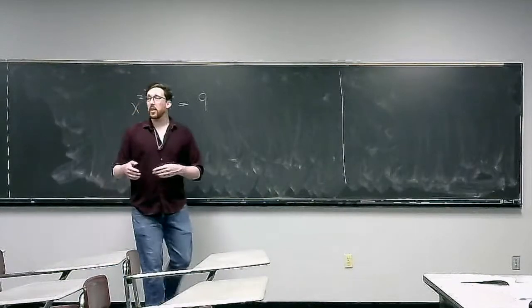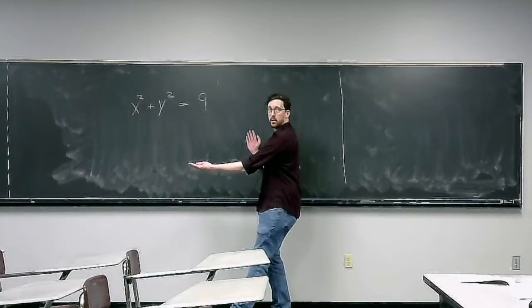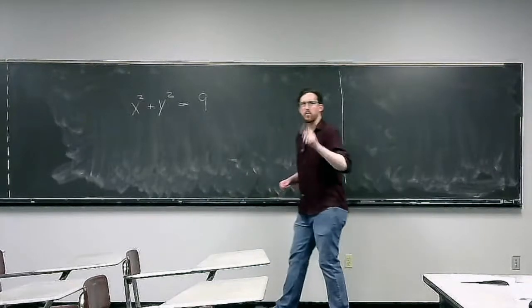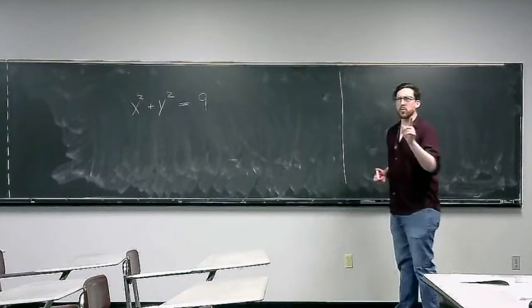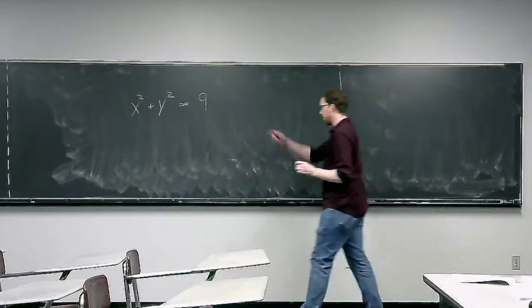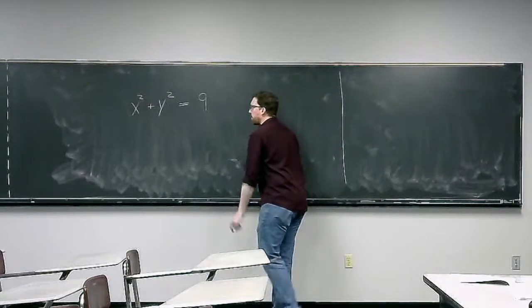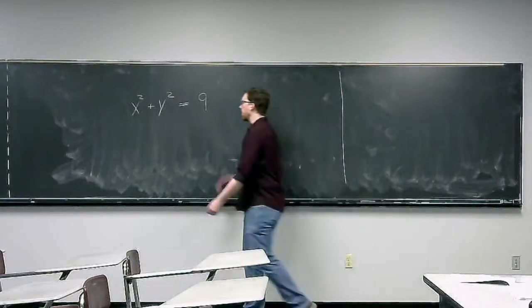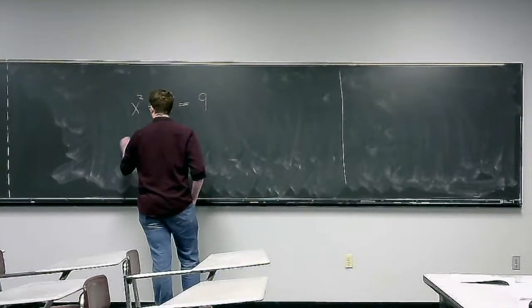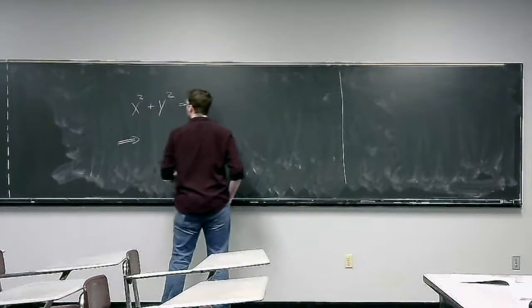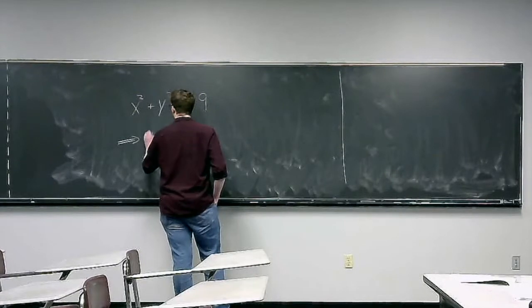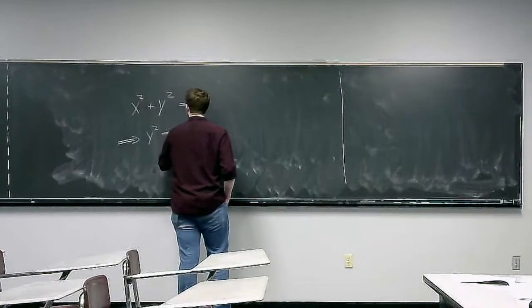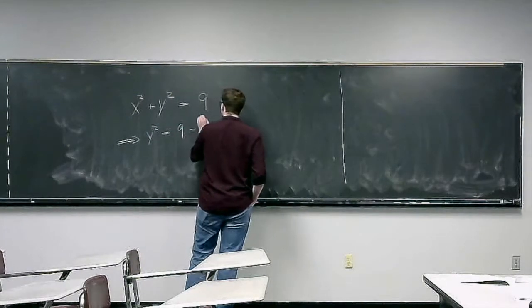As an example of that, I give you Exhibit A. Well, Matt, you might say, we could rearrange this equation and separate x from y. Okay, let's check it out. So this tells us that y squared is equal to 9 minus x squared.